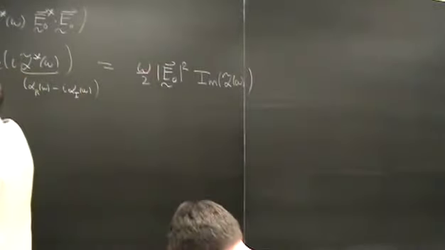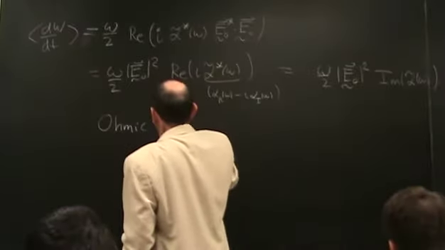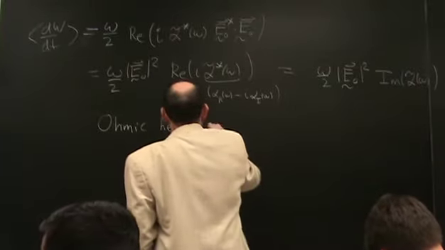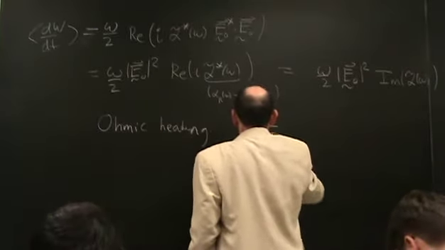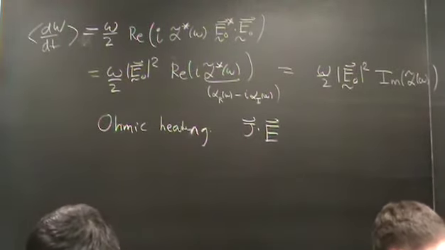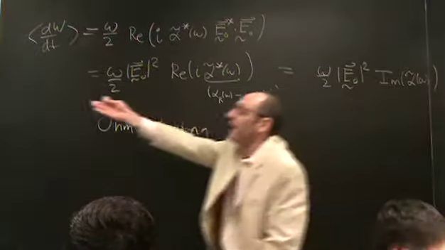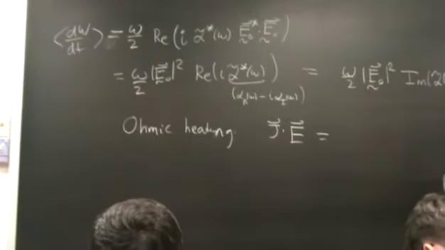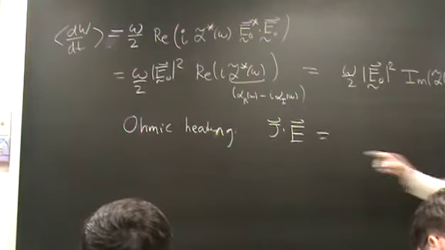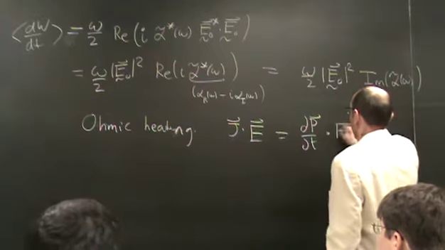So remember that we have the ohmic heating, which was J dot E. That's the rate at which I do work per unit volume, right? It's the same thing that we just wrote down there if I just divided this. Why is that? Because in this case, what is J? J is the polarization current, the current due to the oscillating polarization. And we discussed that was the derivative of the polarization with respect to time.